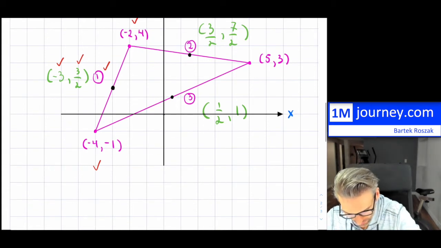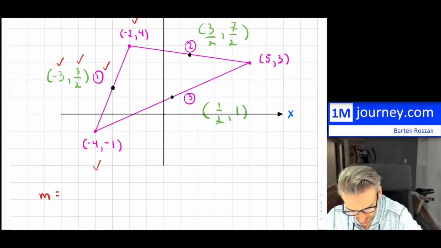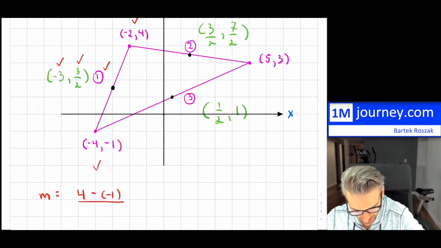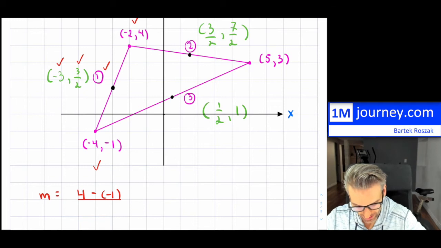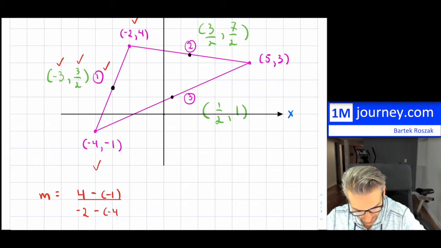My slope for line number 1, which is m, is equal to rise over run. I'm going to take 4 minus negative 1, divided by, and now I can divide this up, this is my x, so negative 2 minus negative 4.